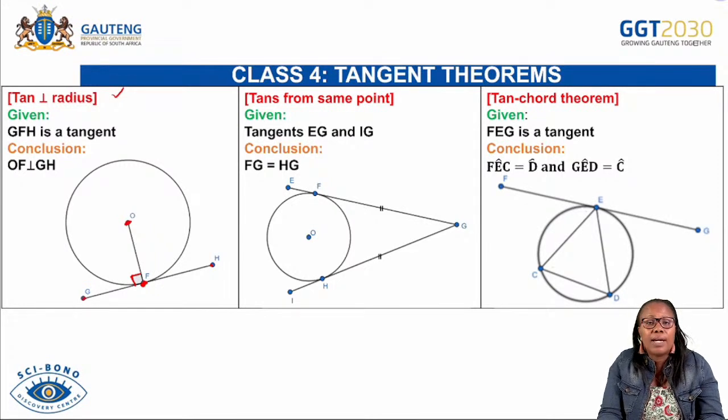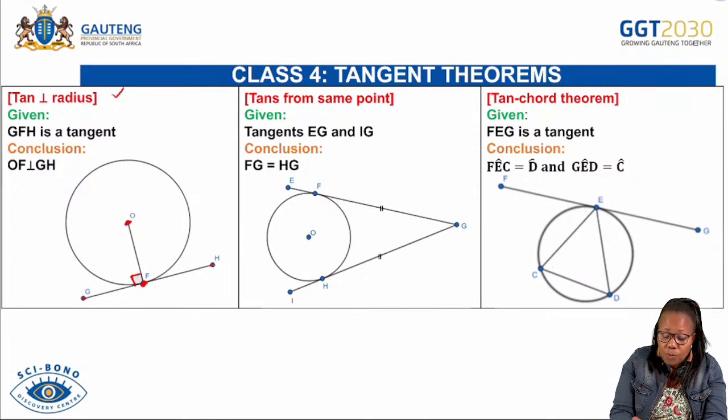So the second theorem on the tangent theorems is: tangents from the same point are equal. So you have a point outside the circle there, and those tangents are drawn from that point. As you can see, you have tangent GHI there, and another tangent GEF there.